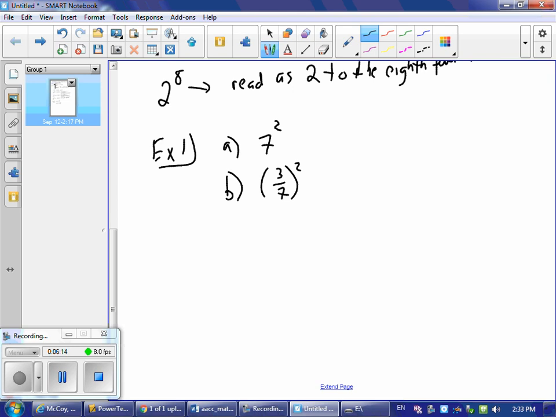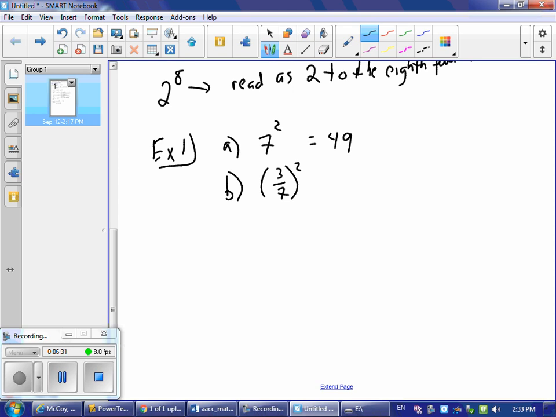Again, that just means the number of factors of the base 7 is 2. So I would write out 7 times 7. It would be written twice, which 7 times 7 is 49. Not so hard with that one because most of us probably knew that one.